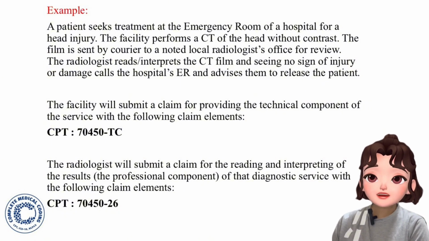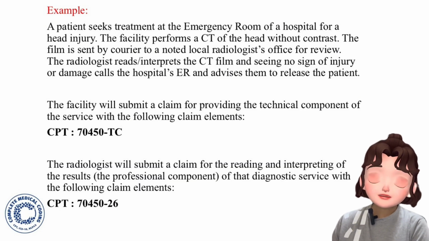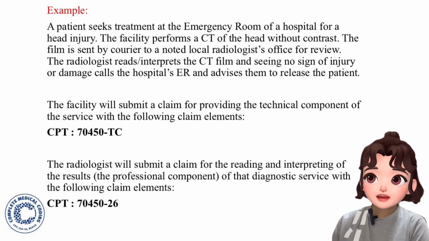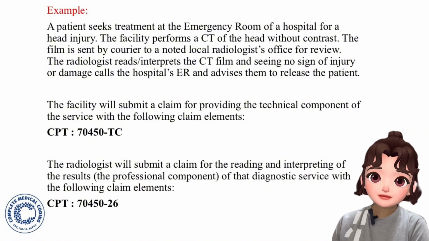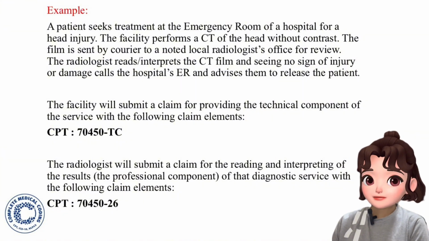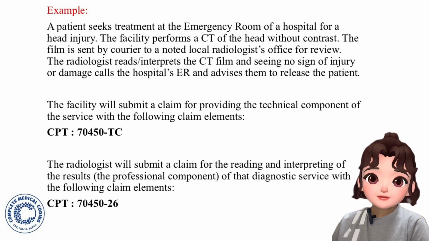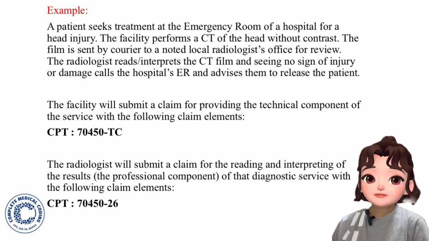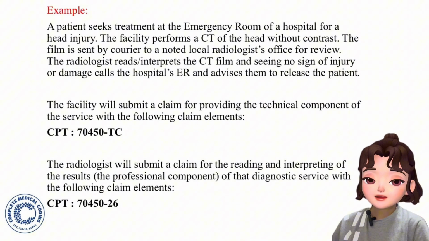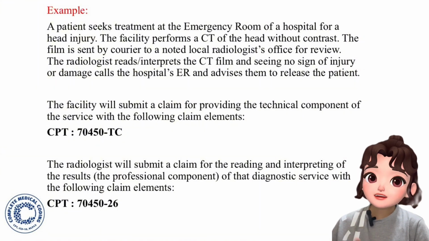So if the question asks how the facility is reporting this claim, how will it report? The facility will submit a claim for providing the technical component of the service with the following claim elements: 70450 with modifier TC. Place of service will also be included sometimes in some questions, but in this lesson I am just discussing the modifiers.